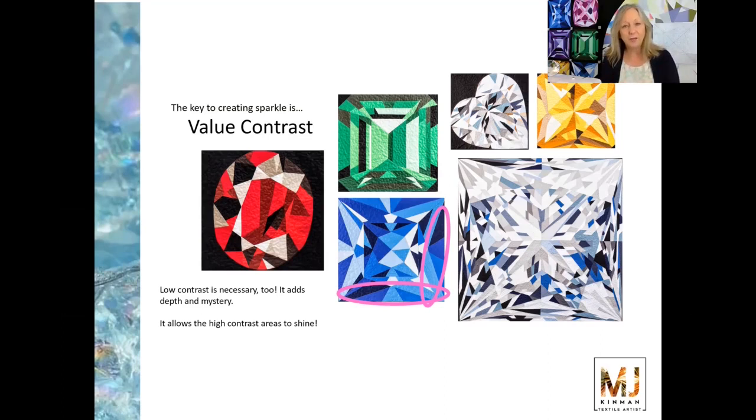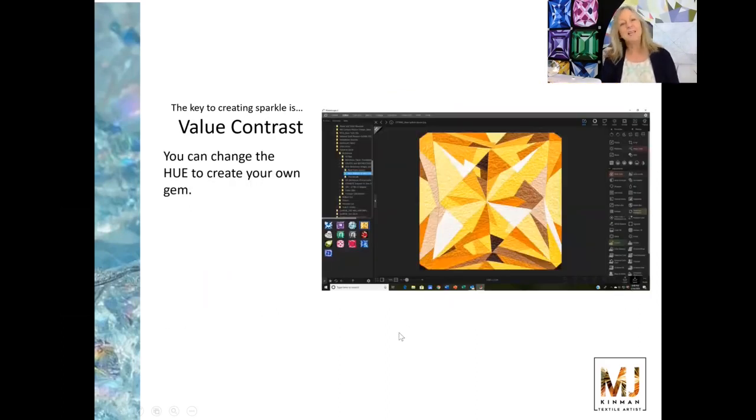Low value contrast creates the drama and allows the high areas to really pop. So for example, in Elizabeth, this is the Elizabeth diamond. This is the area of low contrast. Do you see how there's very gradual change of value over whites to a light gray to maybe a little bit darker gray?